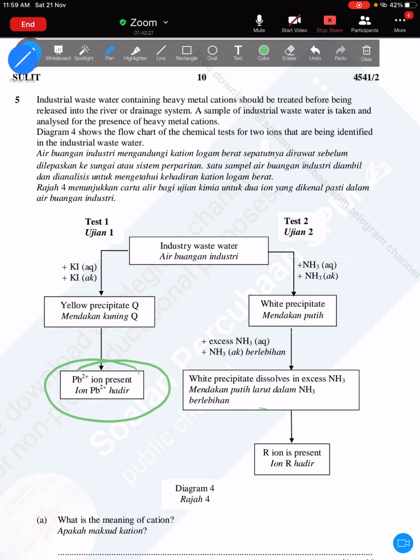It is Pb2+. So it is actually a cation test. On the second, on the right hand side, I'm using the ammonia. Yes, cation test, for your information, we can use either NaOH or NH3. Either. So in this case, when I put NH3, a white precipitate is formed.